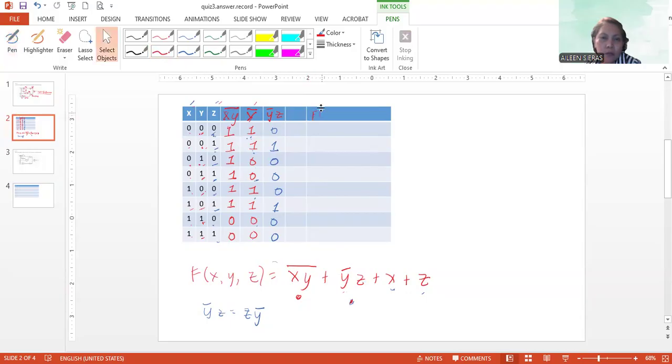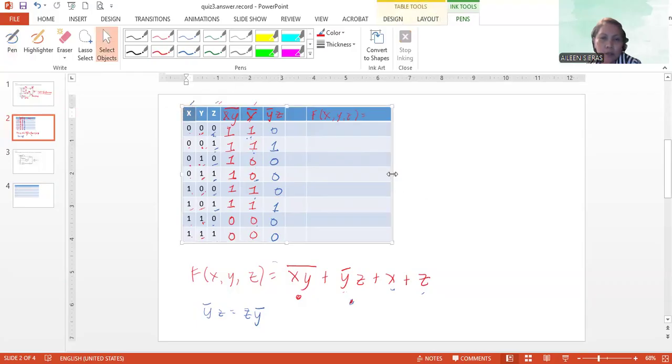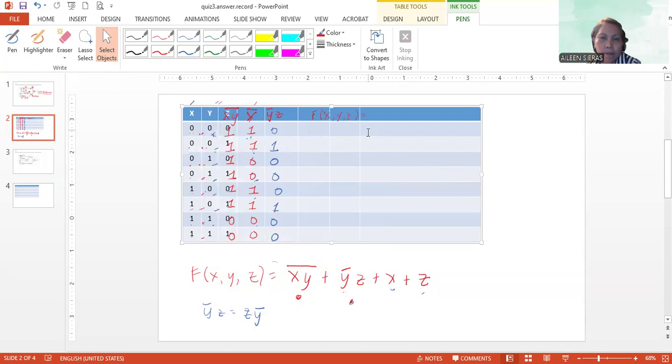Function of x, y, z, which is equal to x, y bar plus y bar z plus x plus z.